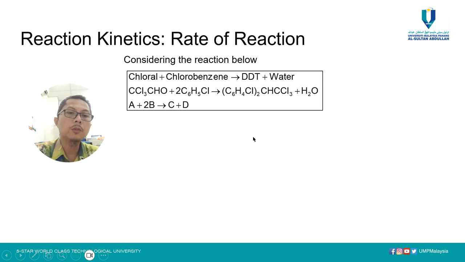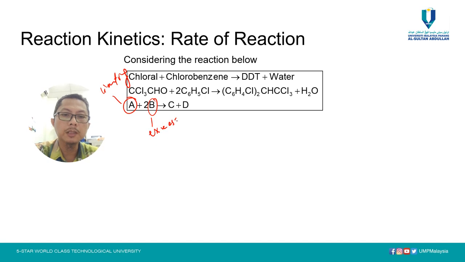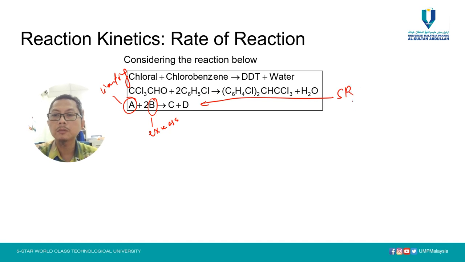Normally, A is for the limiting reactant, and B is for the excess reactant. We can identify excess or limiting based on the stoichiometric ratio, and we need to have another piece of information with this, which is the feed ratio.